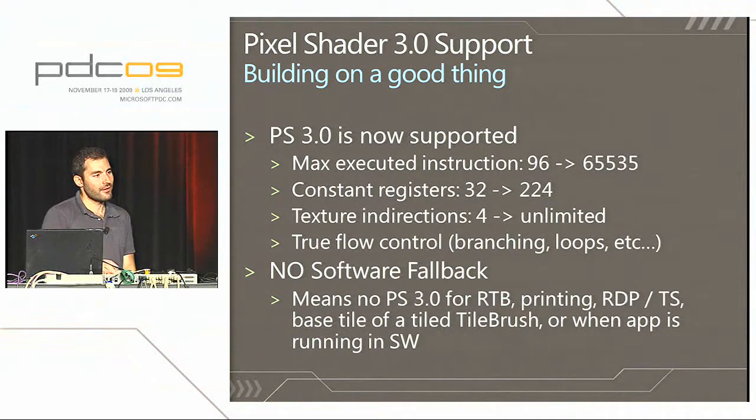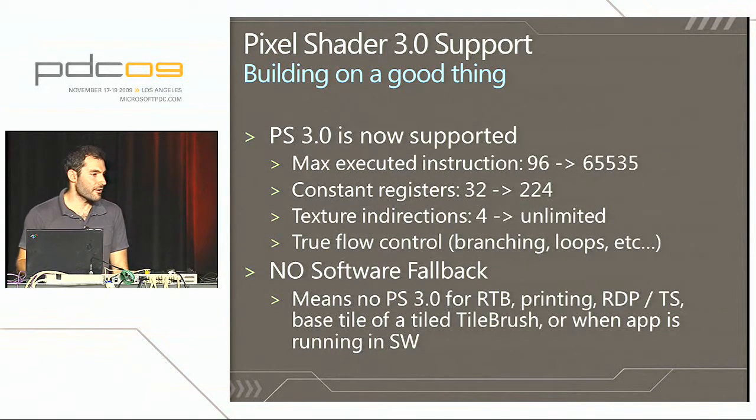The nice thing about Pixel Shader 3 is that it has way more capabilities. It's got way more constant registers, and more texture interactions. I mean, I'm just reading my slides here, but it's a much more powerful shader model. The thing to remember, given that there's no software fallback, is that your machine has to support PS3. We actually added a new API to query whether or not your machine supports Pixel Shader 3. But the features in WPF that require software fallback will not have your shader applied.